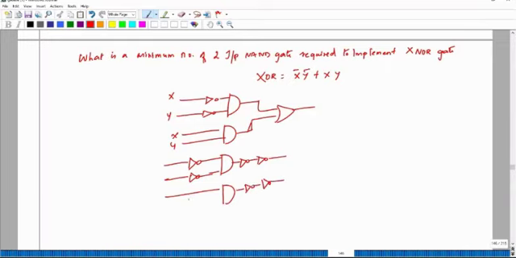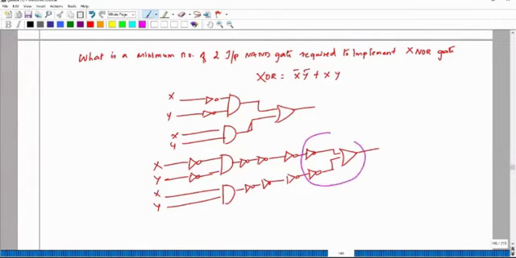So I have done. Next you have to add 2 NOT gates at the input of the OR gate. So we added 2 NOT gates at the input of the OR gate. Okay. So this is nothing but one NAND gate, and this is nothing but another NAND gate, and this is another NAND gate.